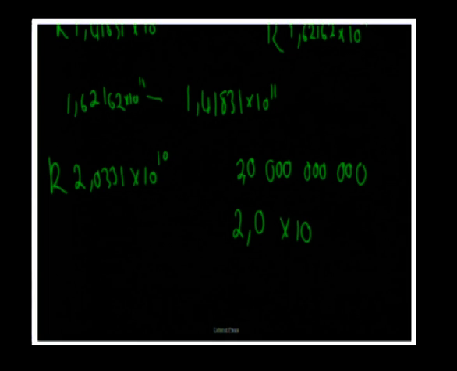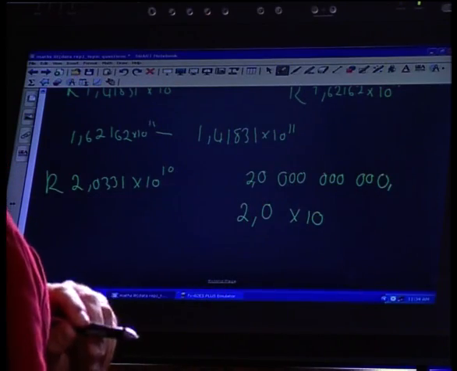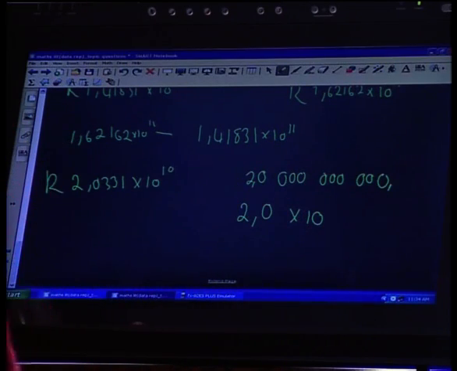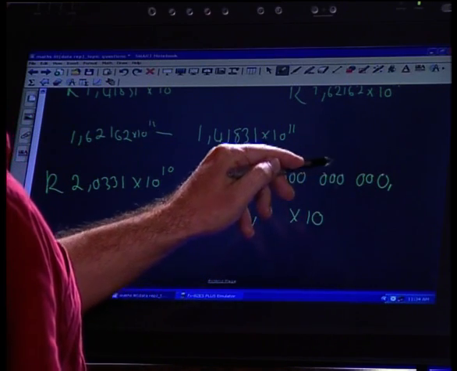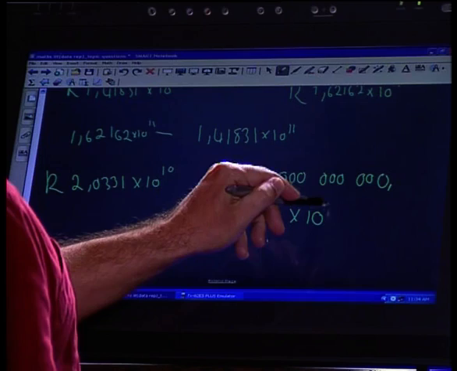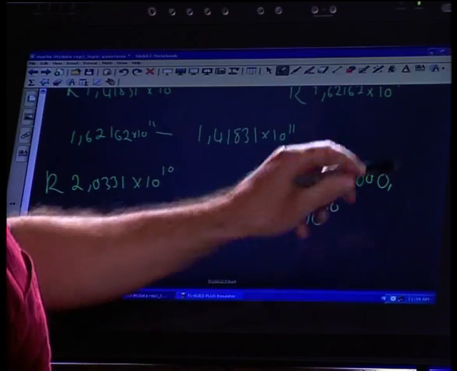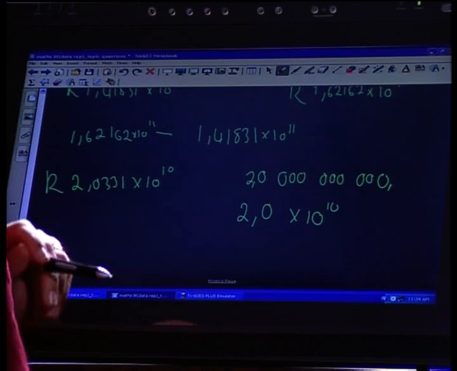Our decimal would have started over here if we were carrying on writing numbers, and we've moved it all the way there. Let's count: 1, 2, 3, 4, 5, 6, 7, 8, 9, 10 places. So that's times 10 to the 10. To write 20 billion, we would write it as 2 times 10 to the 10.